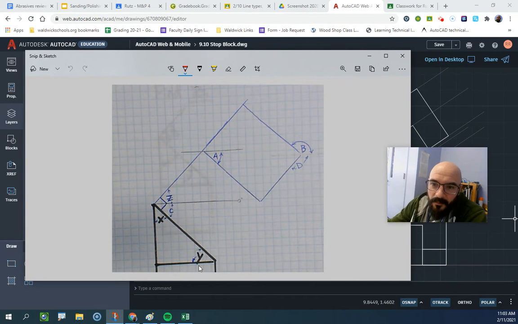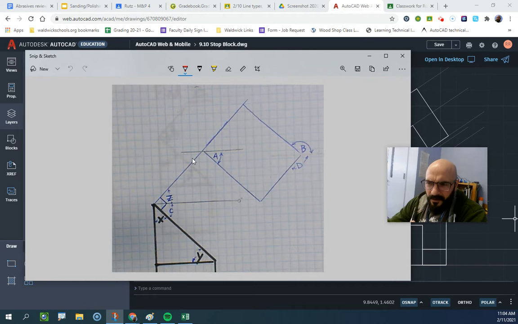We're given X and Y, and we have to determine C, Z, A, D, and B. Because when you draw lines in AutoCAD, it doesn't just give you an angle between two lines. Instead, you have to generate that angle based on a flat X axis, 0 degrees.